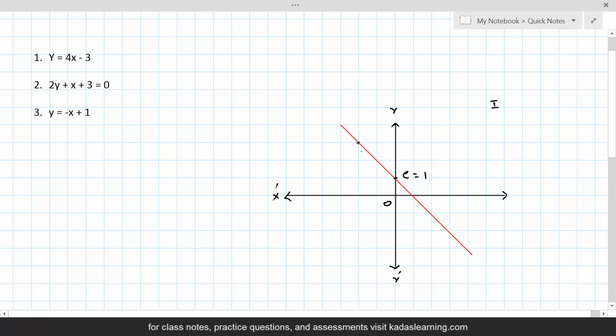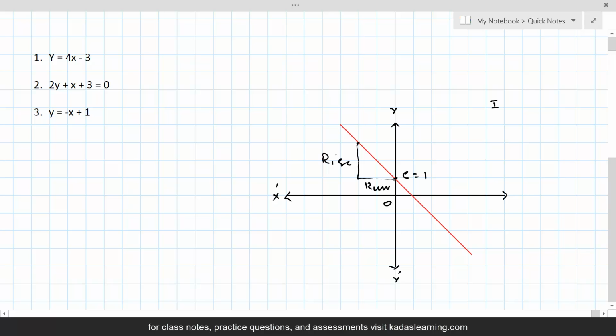That's why we are going to select one of this point, and one is already selected. And from this, you can draw the line either way. Either you can draw this way and draw the perpendicular from that point this way, and this is called rise and this is called run.